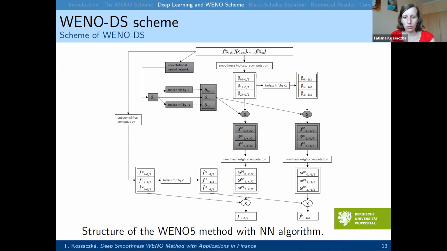So these nonlinear weights, omegas, are computed. These flux approximations on the small substencils are computed, and then they are just multiplied to get the final approximation on the big stencil. So you can see this is what's added to the original method, and that's how we do it.